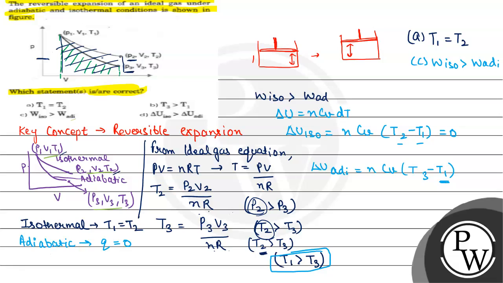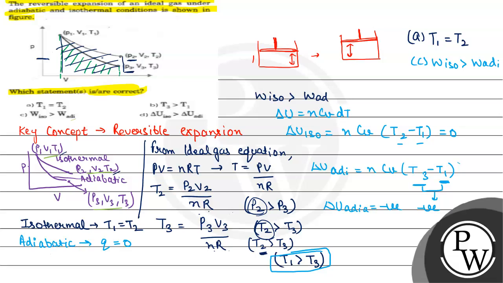If T1 is greater than T3, then this value comes out to be negative, and delta U adiabatic will be negative. So we can say that delta U isothermal is more than delta U adiabatic, because delta U isothermal is 0 and the internal energy for adiabatic is negative.